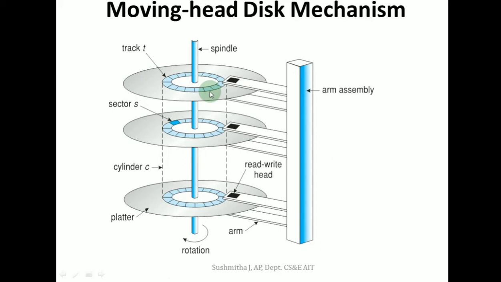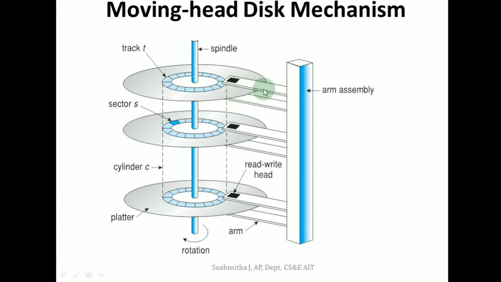Then you can notice here we have the read write heads. There is a read write head here and there is a read write head here as well. As I told, the platter is coated with magnetic material on both surfaces, so there is a read write head used to read the content on both the surfaces.